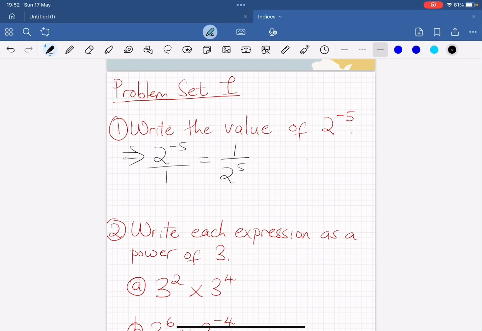If you remember, in the previous videos, I had told you that a to the negative m is the same thing as 1 over a to the power m.